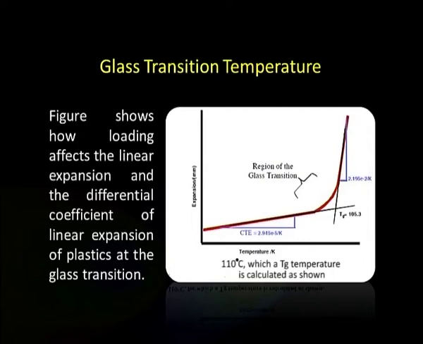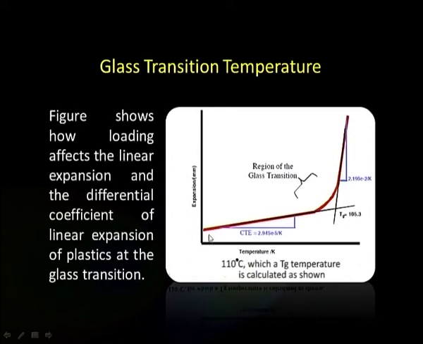The figure shows how loading affects the linear expansion and the differential coefficient of linear expansion for plastics at the glass transition temperature. Here you can see temperature on x axis, expansion on y axis.